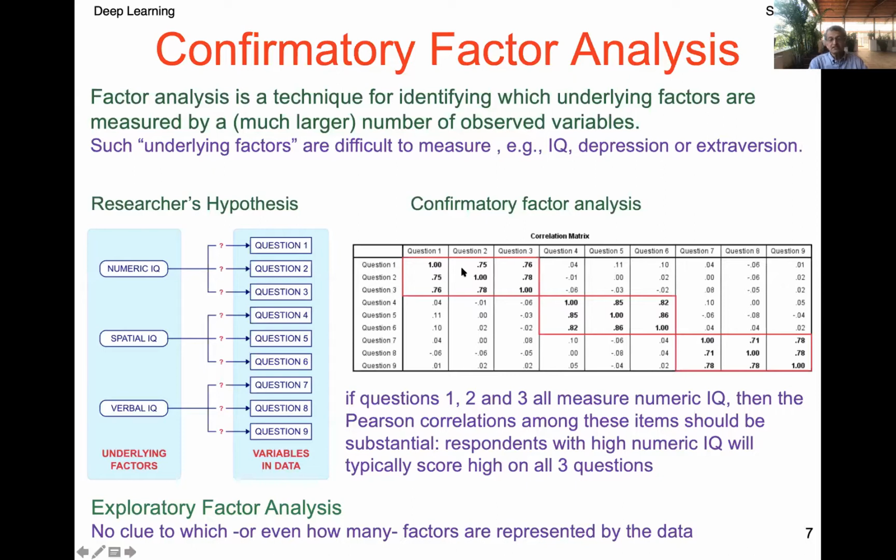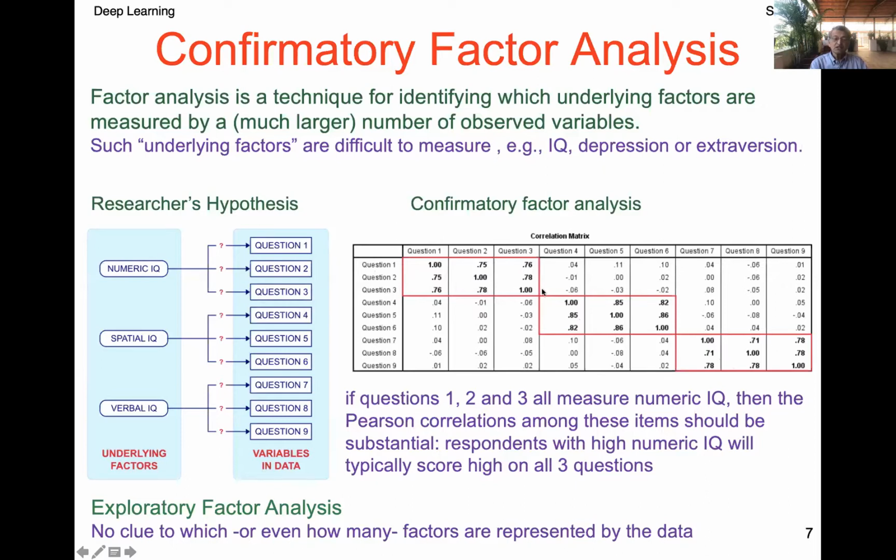So it's computing the Pearson correlation value, right? One value goes up, the other one goes up, like that. So these 3 being numeric, they should be highly correlated. And the researcher says, aha, these 3 are all highly correlated. Similarly, the next 3 are all correlated over here. And finally, the last 3 are all correlated over here.